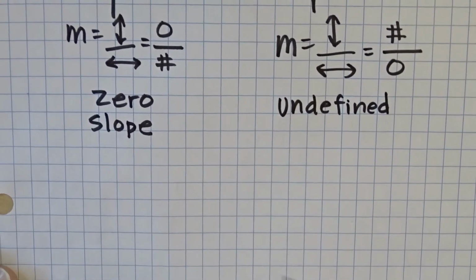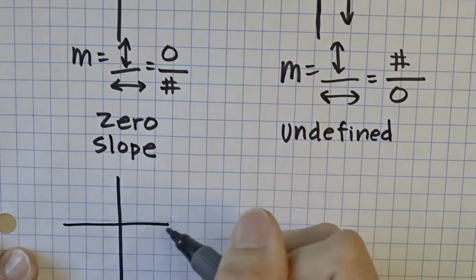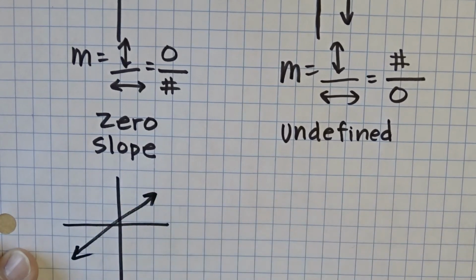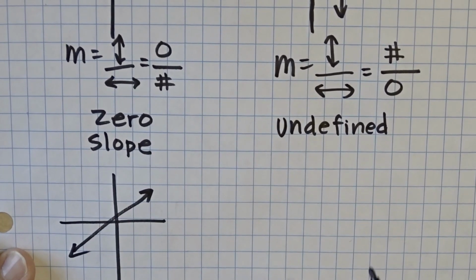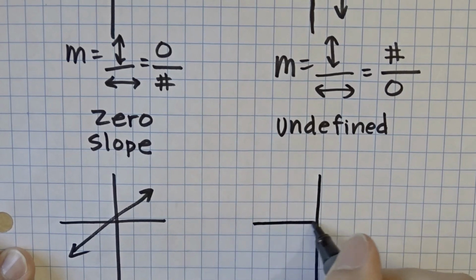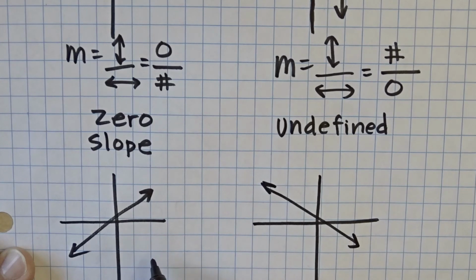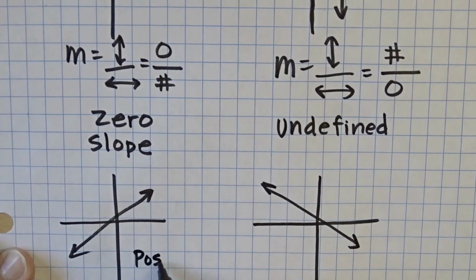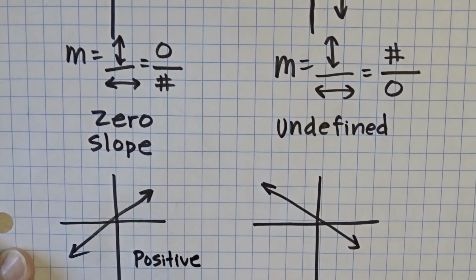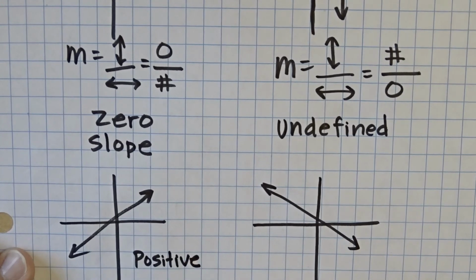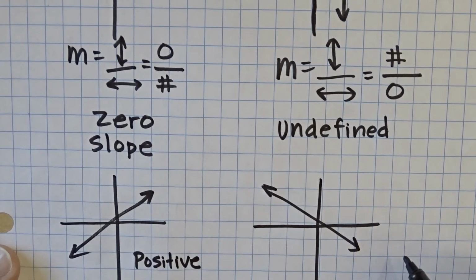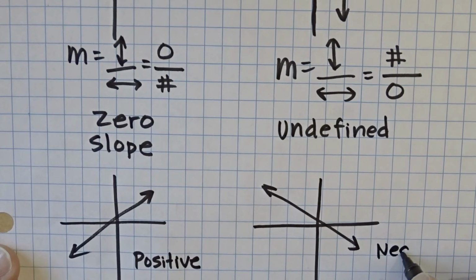And then the other two situations would be a positive slope. It just looks like it's going up. And a negative slope would look like it's going down. So when your slope is positive, you should see a ratio that's a positive value, and this one's negative.